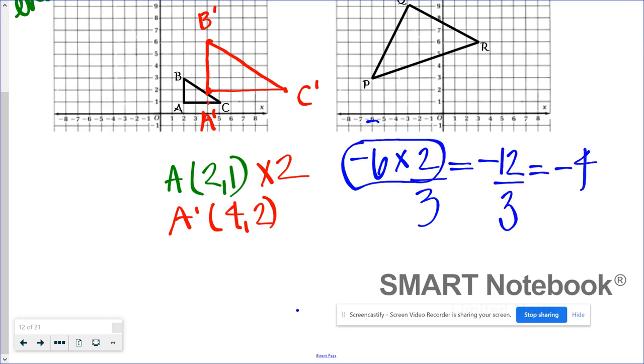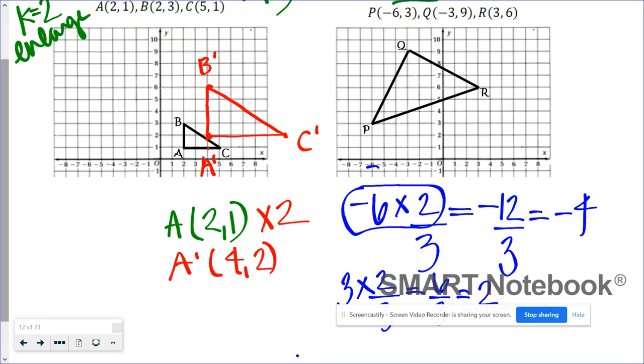So you could probably do this in your head to figure out your new coordinates. So likewise, if I take 3 times 2/3, 3 times 2 is 6, and 6 divided by 3 is 2. So this is the new coordinates of P prime. I'm at -4, 2.